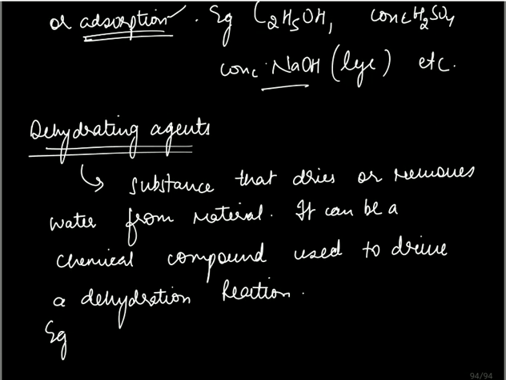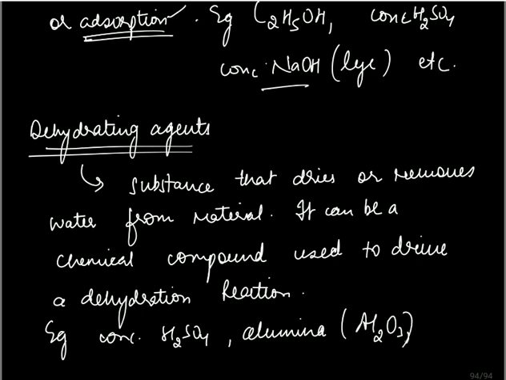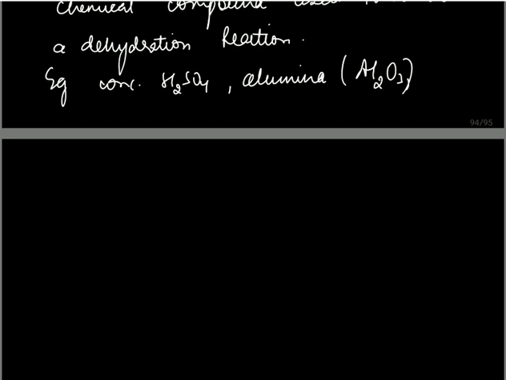So for example, again, concentrated H2SO4, we can also use alumina. Alumina is nothing but aluminium oxide, Al2O3, right? So we can use one reaction. Let's say we have our ethanol, C2H5OH.